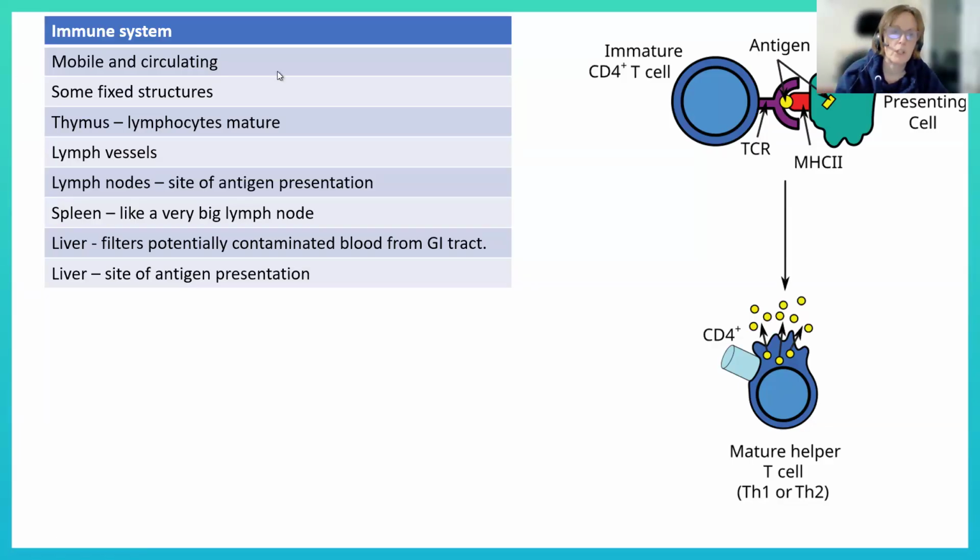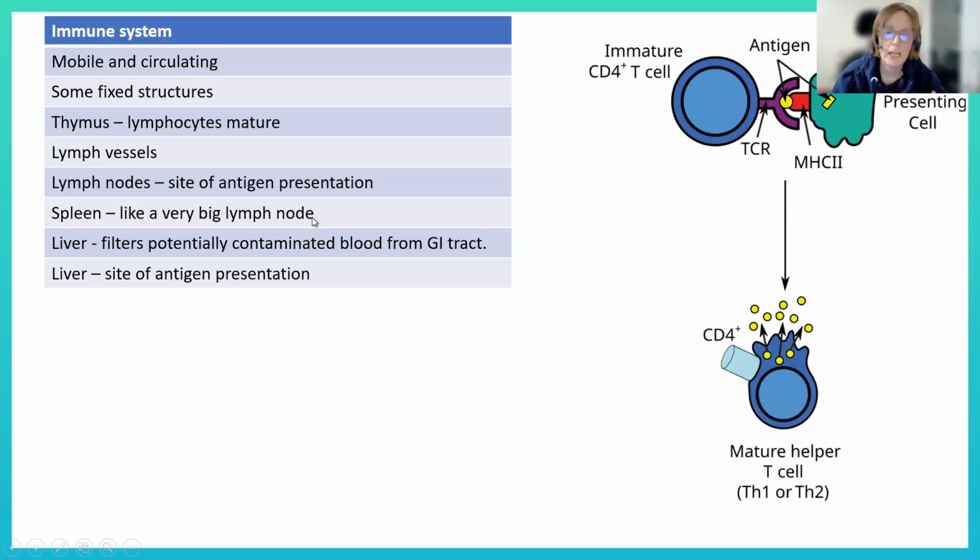There are some fixed structures, though. For example, the lymph vessels are part of our immune system. The lymph nodes we talked about in an earlier unit, these are a site of antigen presentation. So these are somewhere where the antigen presenting cells will present the antigens to immune cells. I'll just talk you through that again in a minute. We've got the spleen, which is like a very big lymph node.